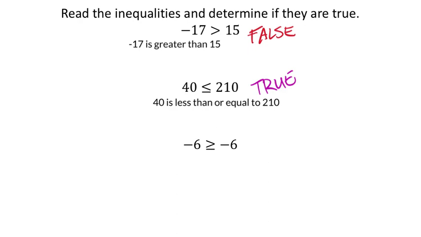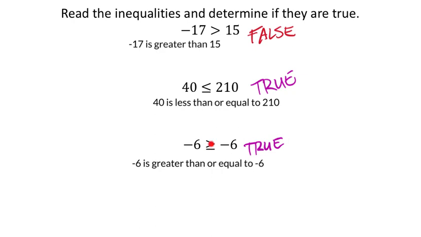All right. Now, the next part here says negative 6. This reads negative 6 is greater than or equal to negative 6. Okay, there we go. Now, this one is true, but it's true for a different reason than that last one was, because negative 6 is actually not greater than negative 6.